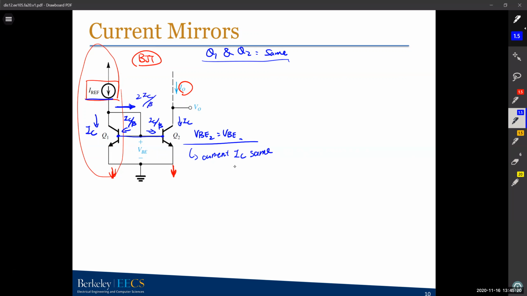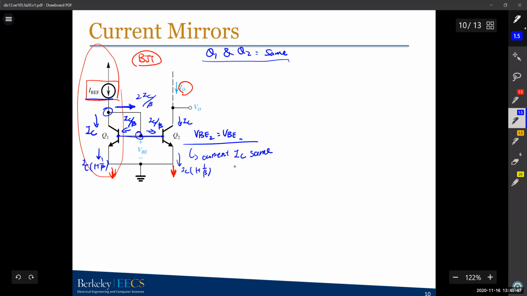So you have to connect your base to the collector. For a current mirror, we usually have a wire connecting your collector to the base. So it's usually connected for the mirror part. So the total current here will be IC times 1 plus 1 over beta, and this is the same, IC times 1 plus 1 over beta.